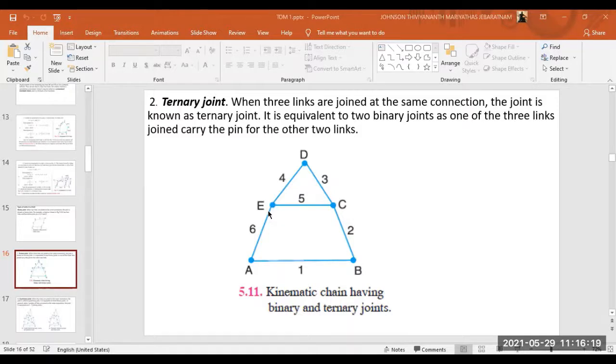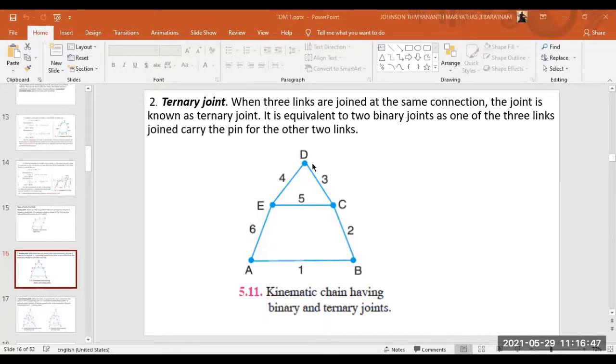It is equivalent to two binary joints, as one of the three links carries the pin for the other two links. Here, take joint E, and that is a ternary joint. Why? DE is one member, EC another member, EA another member. So three members are connected. So E is a ternary joint.